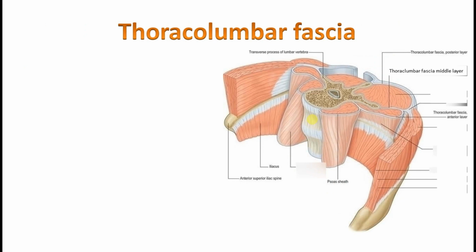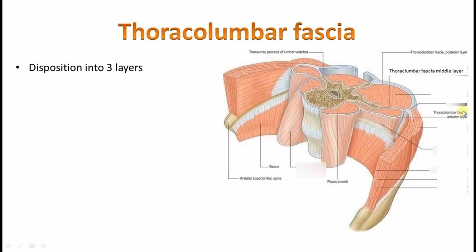Next, we will discuss the thoracolumbar fascia. The thoracolumbar fascia is disposed in the form of 3 layers: anterior, middle and posterior layers. The anterior layer covers the quadratus lumborum muscle.